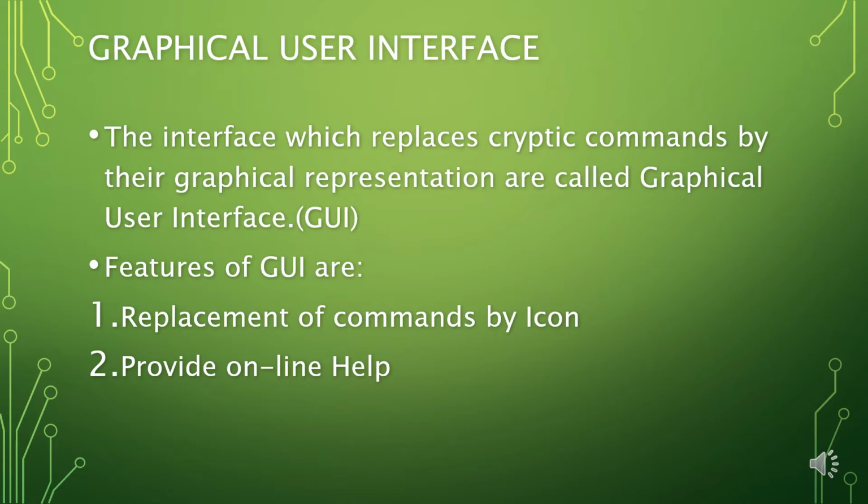The second feature is provision of online help. GUI based applications provide help about various features of the application. If you see any of the applications in the Windows operating system, one of the menus in the menu bar is Help.